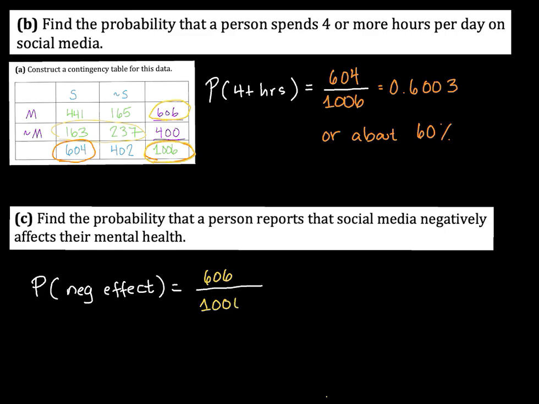So remember, the M is for the people who felt that social media negatively affects their mental health. We're going to get a very similar answer because above it's 604 divided by 1006, but here it's 606 divided by 1006. And so here we get 0.6002, or about 60.2%.